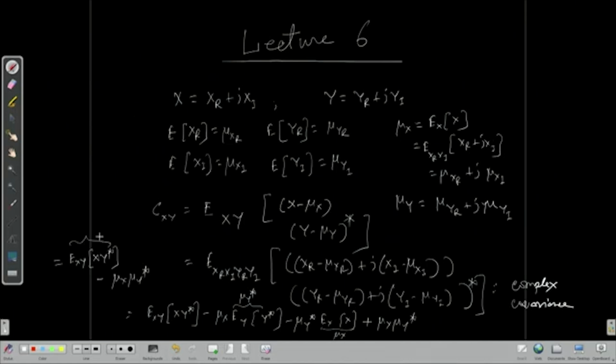This is called the complex correlation. So, it is a more general result. There is an extension to the complex case of the previously discussed covariance and correlation, uncorrelatedness, all those things.